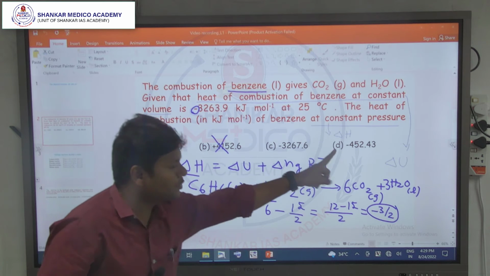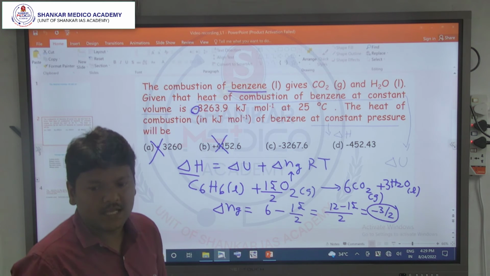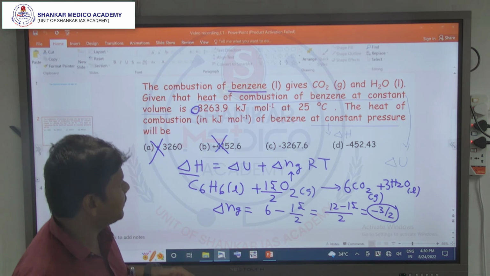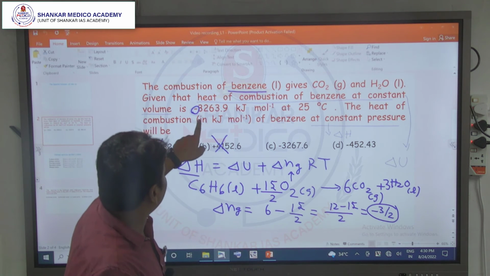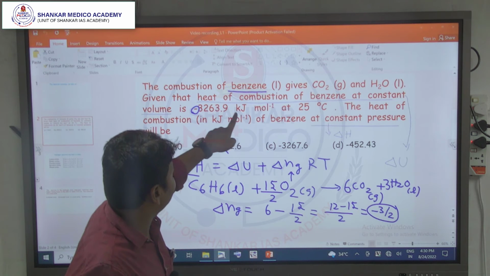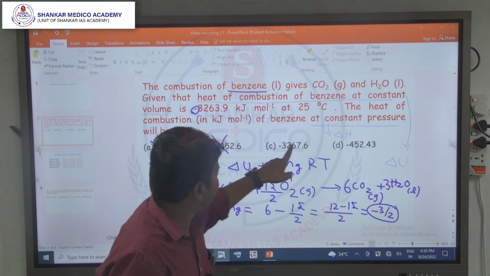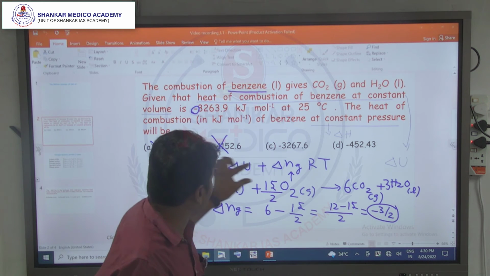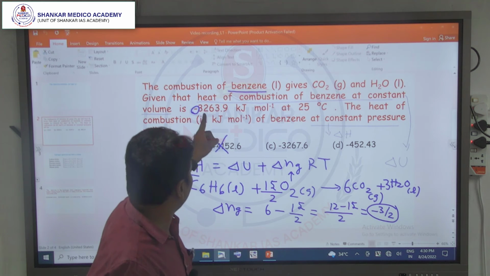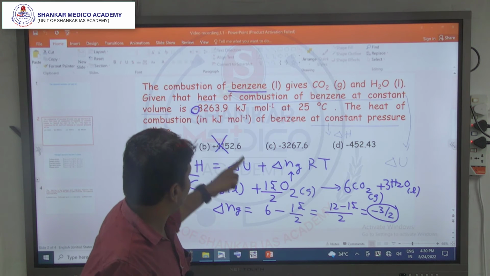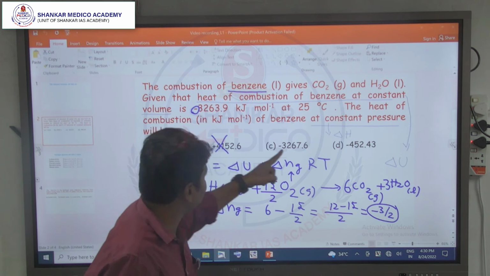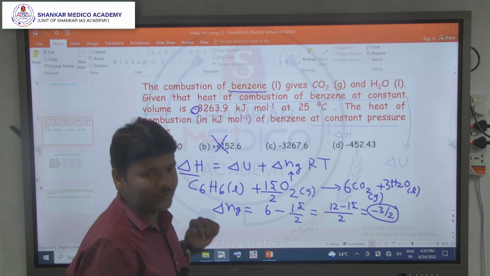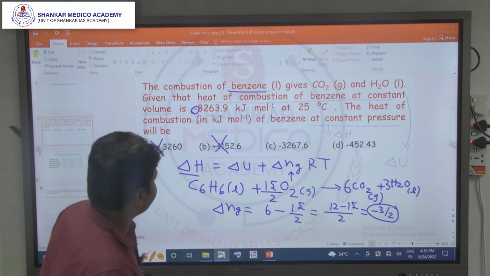So, among these two only I will be having my final answer. And definitely you can also predict here without solving. How? Because you are having 3263.9 kilojoule. This value is lower than this. When you have this number, then minus of this number, both are negative values, correct? So, the number which you will get in your answer should be higher than this value. That means option C only your correct option. Without solving also you can do, but we will solve this.